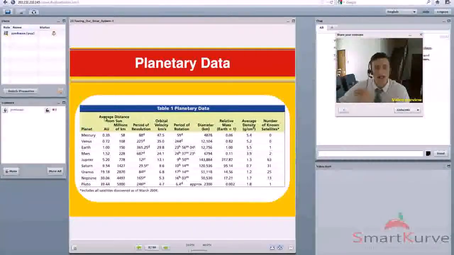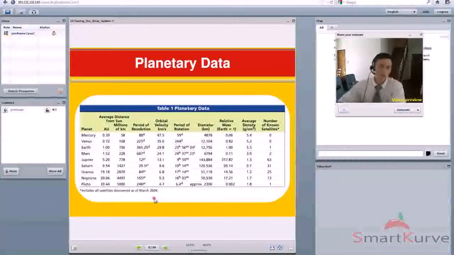In addition to distance, this chart also has information on the period of revolution and the period of rotation. Remember, the period of revolution would be answering how long it takes the planet to make one trip around the sun, and that period of rotation asks how long it takes that planet to turn on its axis.